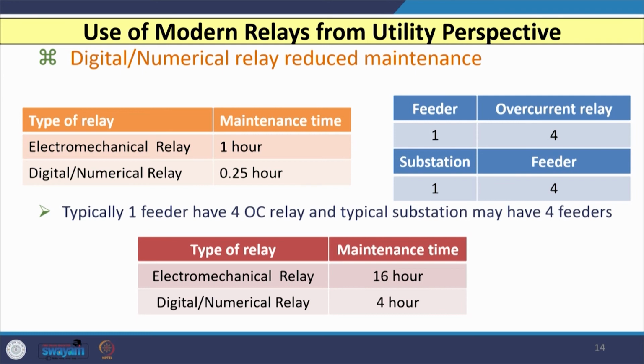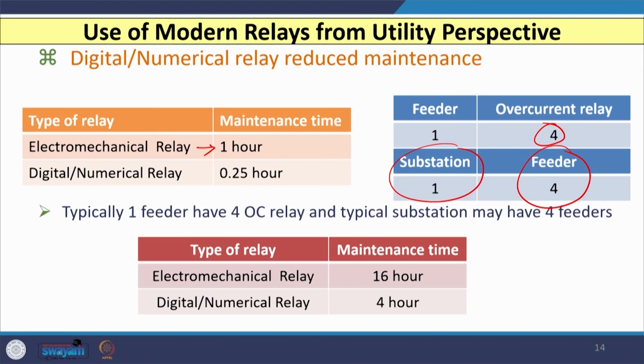Further, in maintenance, let us say I have a substation which has 4 feeders, and each feeder needs 4 overcurrent relays. So, a total of 16 relays are available in the substation for 4 feeders. If I wish to carry out maintenance of this substation, then with electromechanical relays it needs almost 16 hours, almost 1 hour per relay.